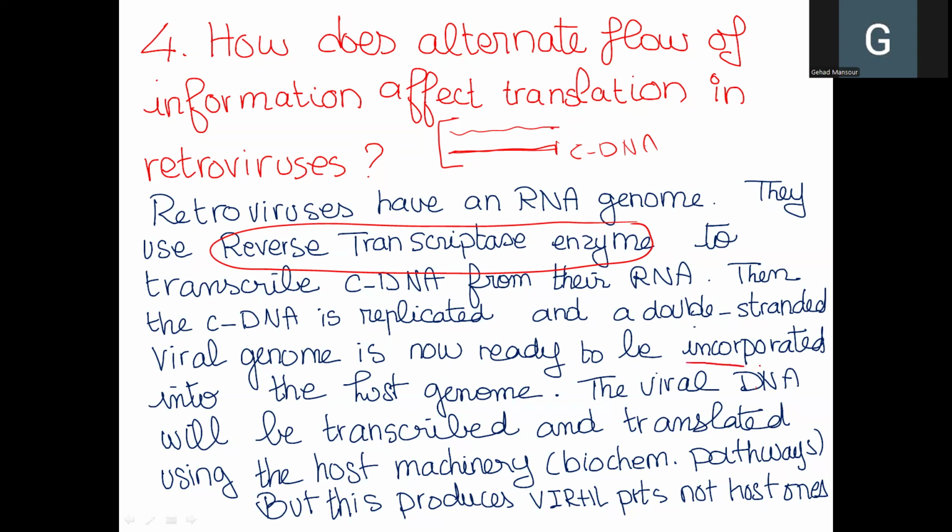And at that moment, it can be incorporated or intruded into the host genome. This second paragraph, starting here at the red mark, is talking about the fate of that double-stranded DNA.